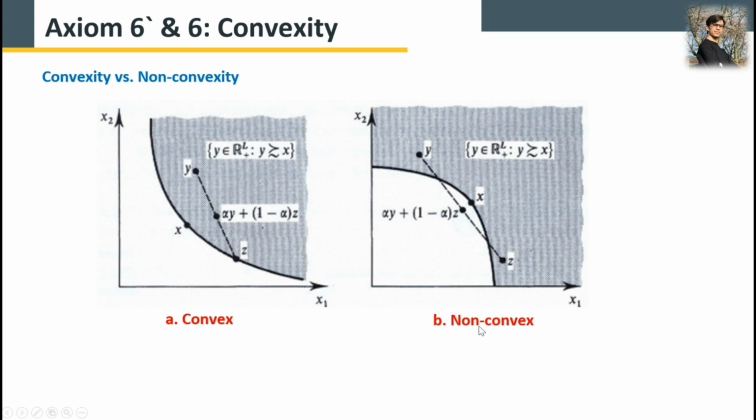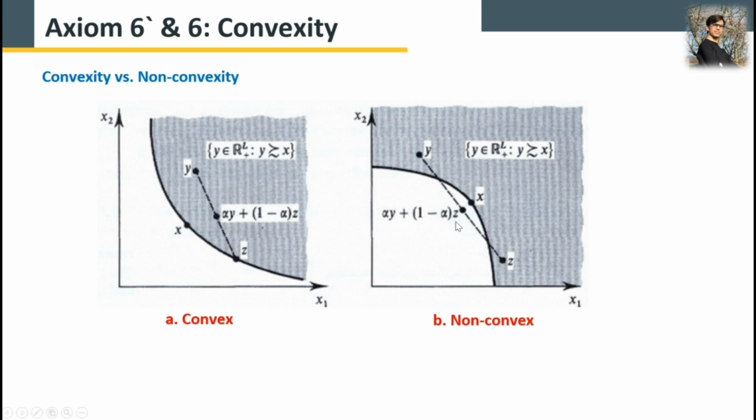But how about panel B? Panel B is non-convex because although z is at least as good as x and y is at least as good as x, any point between them, for example the combination of alpha y plus 1 minus alpha z, is not at least as good as x. Rather, x is preferred to this point, because in this case x has more of x1 and x2 than the combination of alpha y plus 1 minus alpha z.